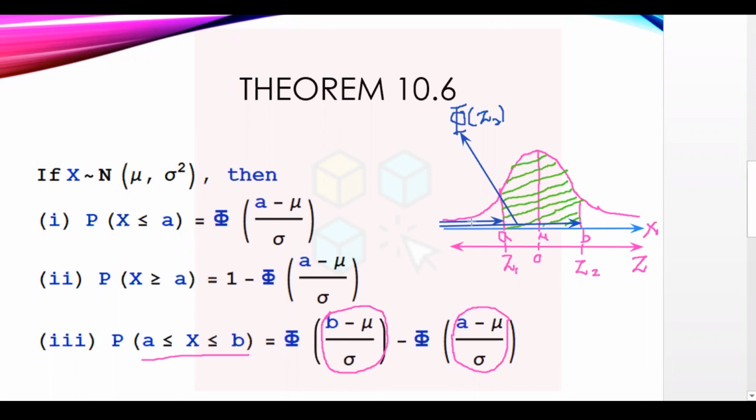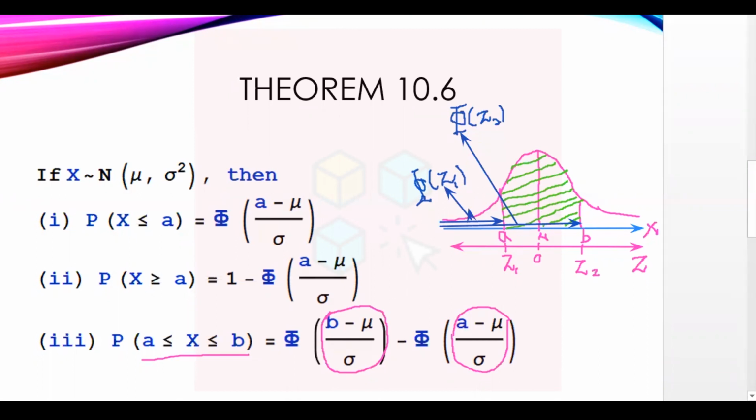But if you subtract phi of z1 from phi of z2, that will give you the required area, which is the green area. So phi of z2 minus phi of z1 gives you the green area.